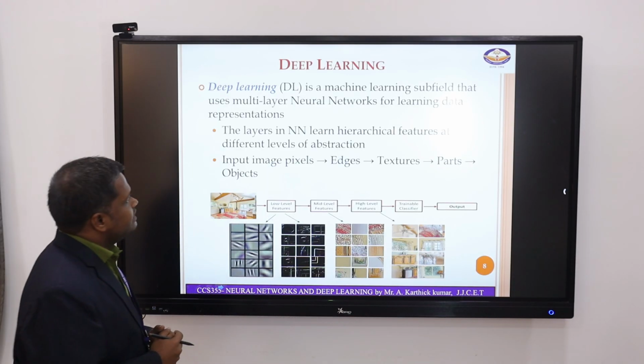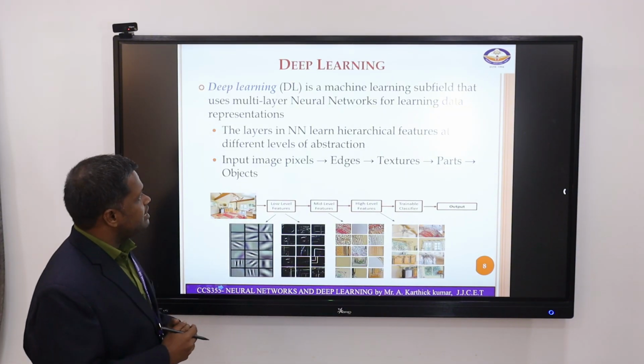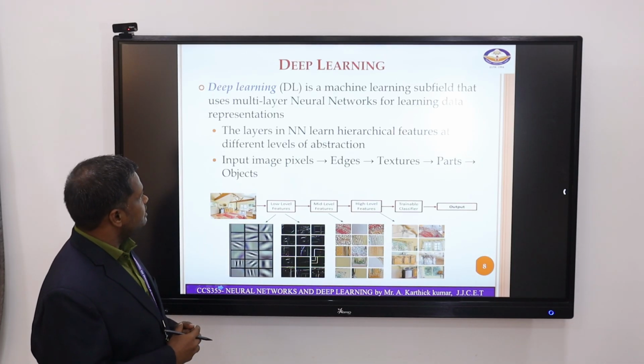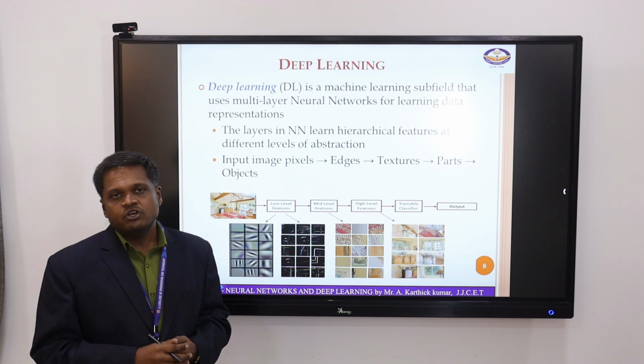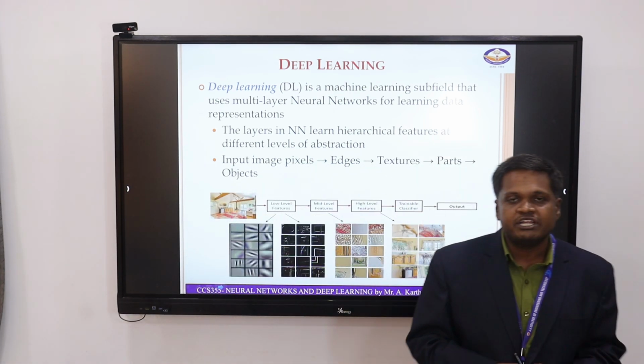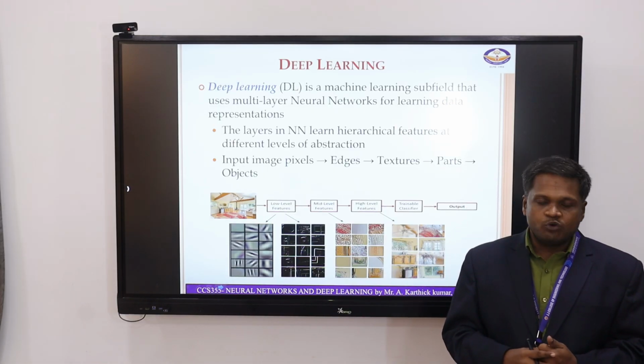Okay, so deep learning is a machine learning subfield with multi-layer neural networks for learning data representations. For example, deep learning has three layers. The first one is the input layer, the second one is the hidden layer, and the third one is the output layer.